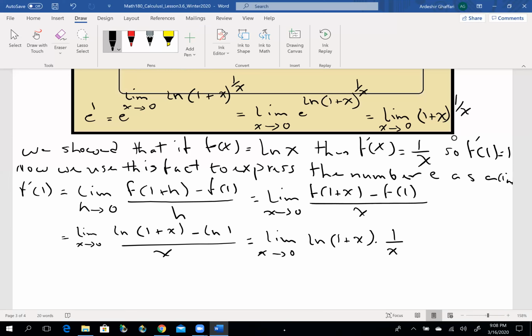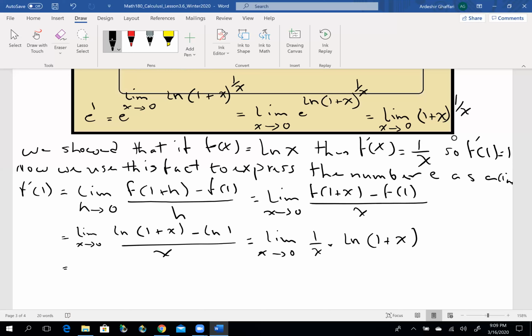Actually, natural log of 1 is 0, so I can rewrite it as 1 over x times natural log of 1 plus x.